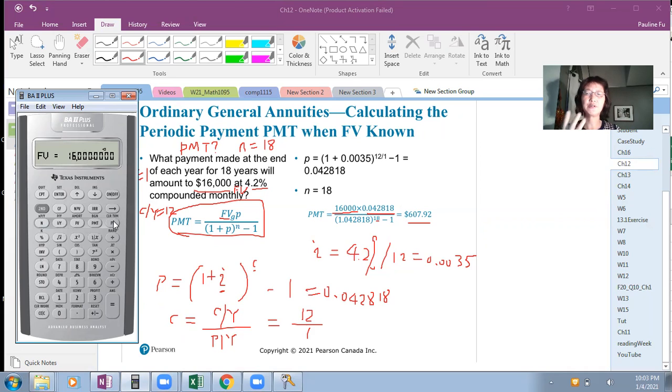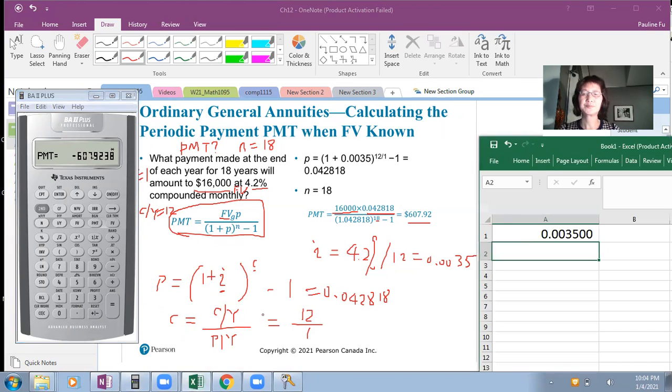So you entered 3 numbers. Remember, you need to enter 4 numbers. So 0 is the PV. Last step, compute PMT. Okay. So you get this number. So that is the calculator method.